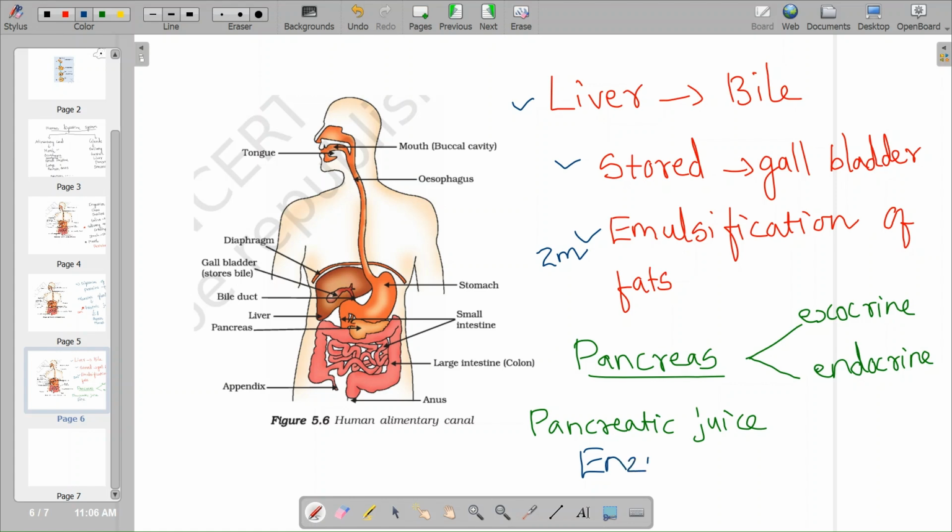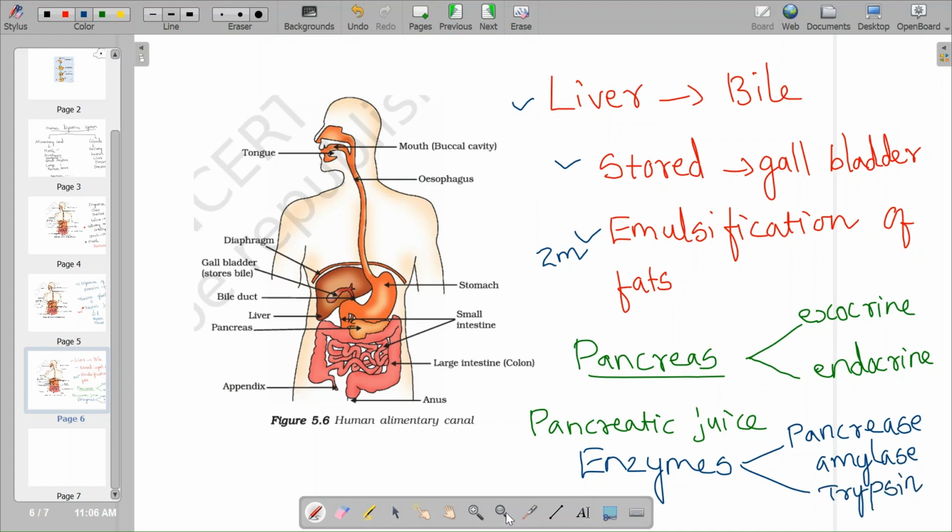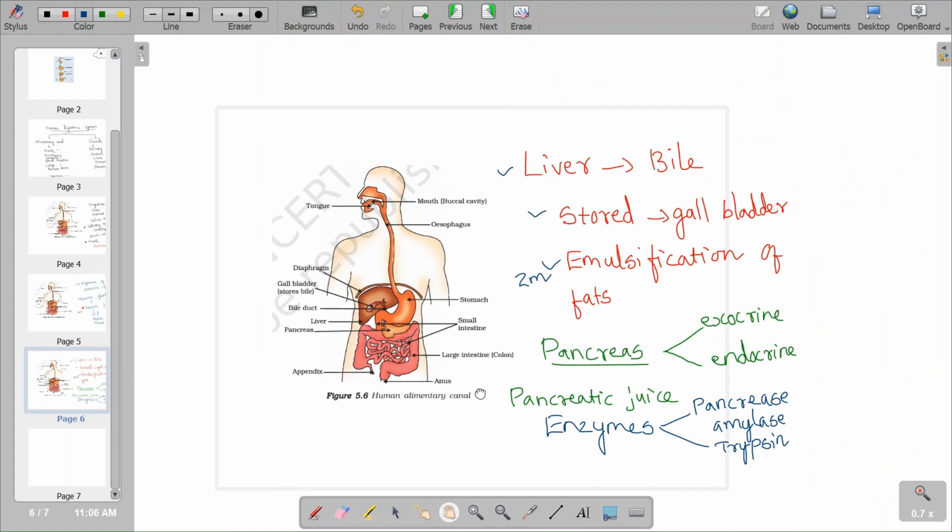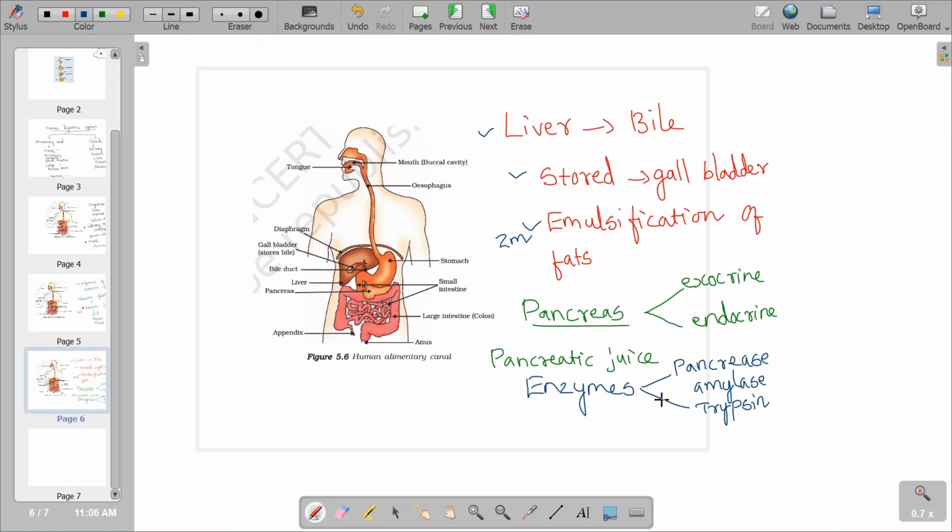Now this pancreatic juice contains enzymes. You can expect the question: name the pancreatic enzymes. They are pancreatic amylase, trypsin, and pancreatic lipase.